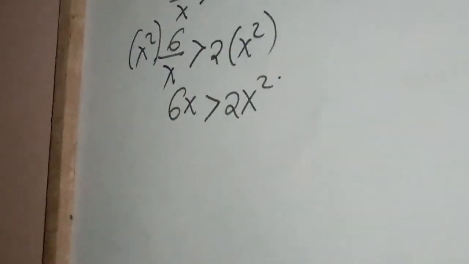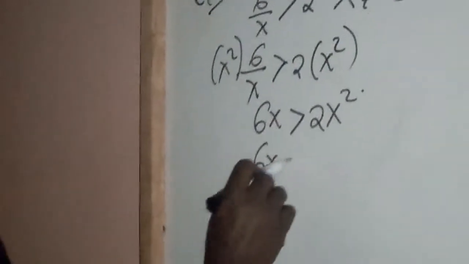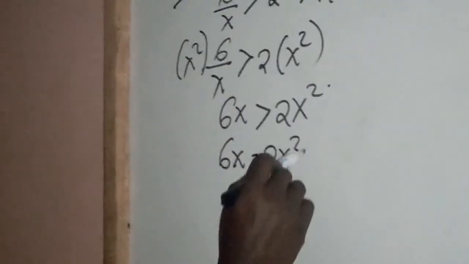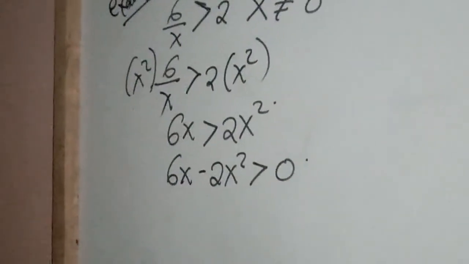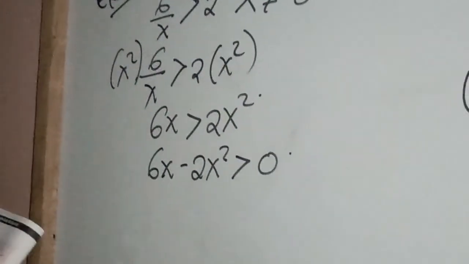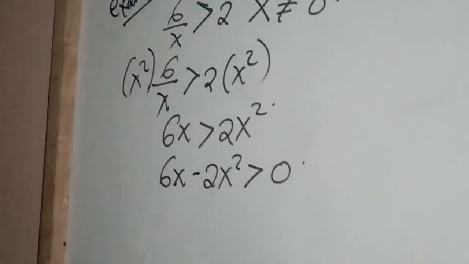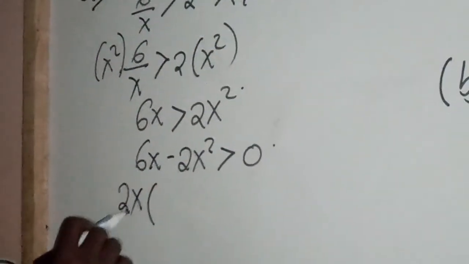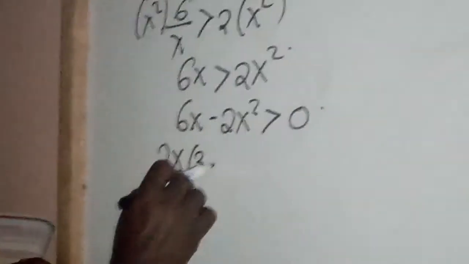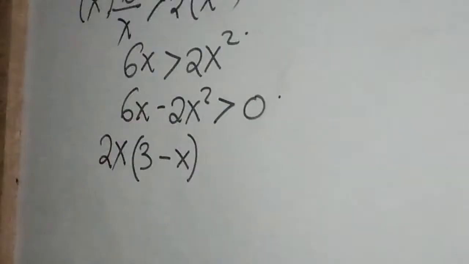And of course, 6x minus 2x squared is supposed to be greater than 0, we can now get what is common outside. 2x is common, then we have 3 minus x. 3 minus x is greater than 0.